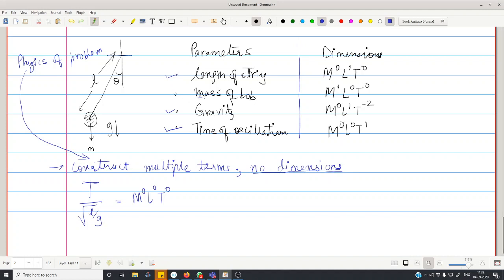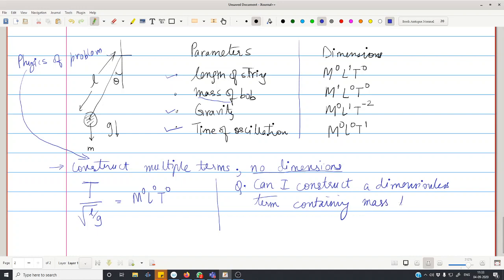What about the mass? Can I construct a dimensionless term which contains mass?